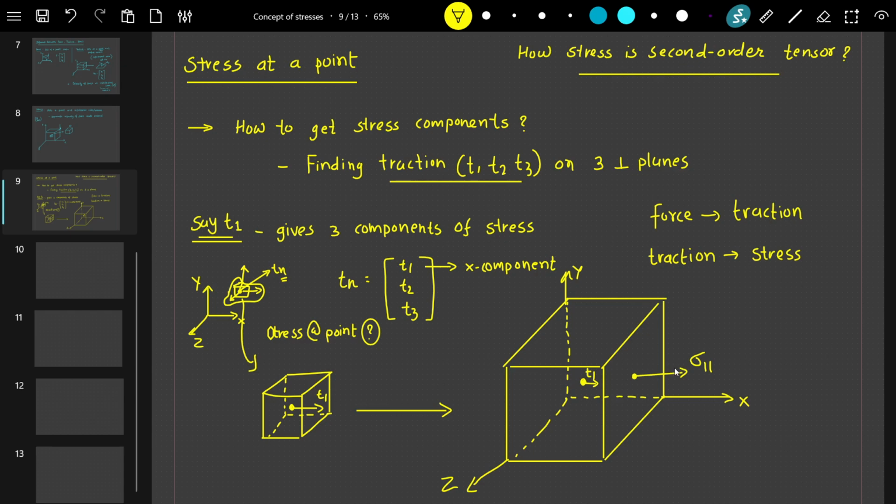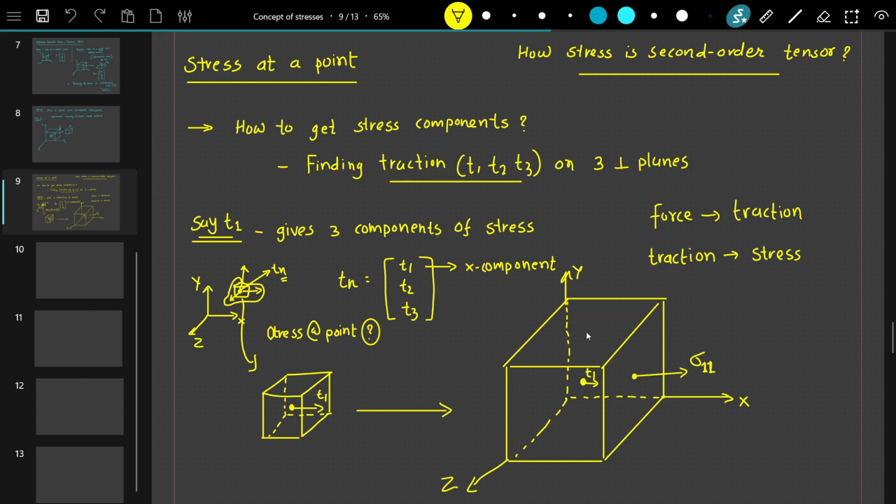Again I repeat, the first index is due to traction T1, and the second index is the plane x. So that is sigma 1 1. This is the impact on the x plane.